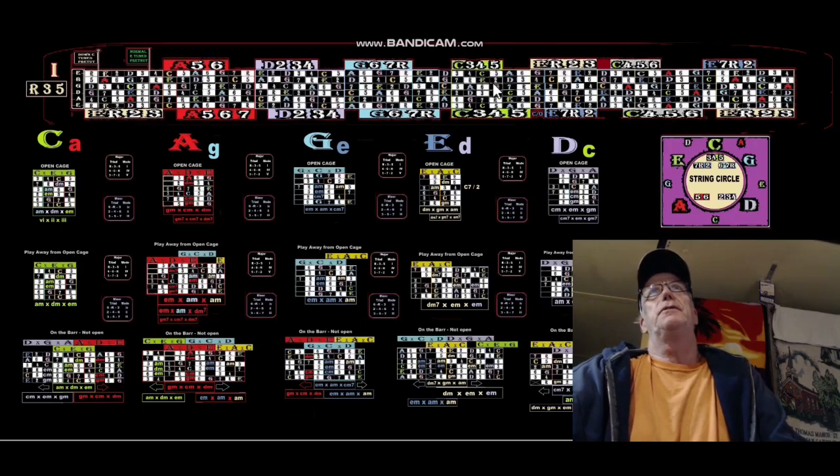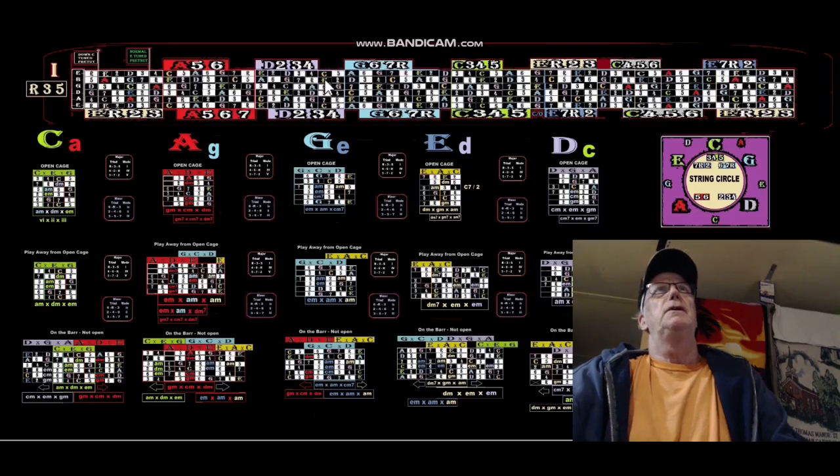So we've got the Phrygian, short and long, the Lydian here, and then we have the Mixolydian over here in the A cage, and then we've got the Aeolian in the G cage, then we have the Locrian here and the Ionian here in the double E cage, and then we have the Dorian in the D cage over here.